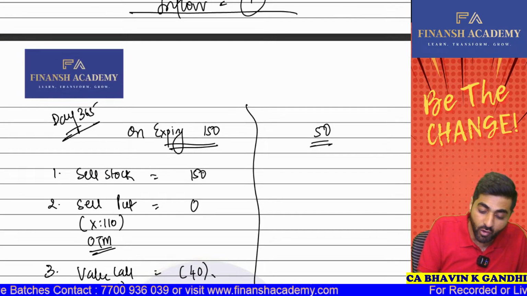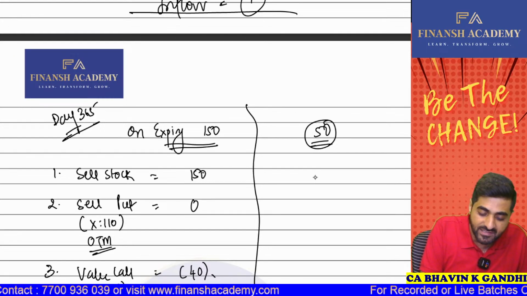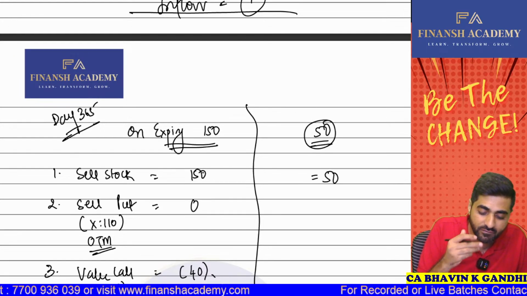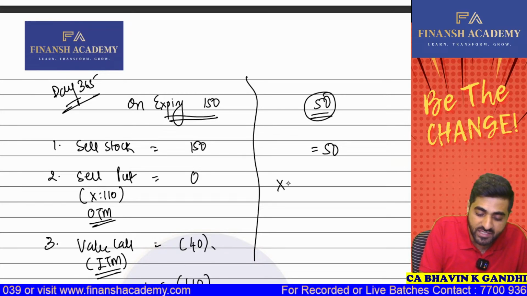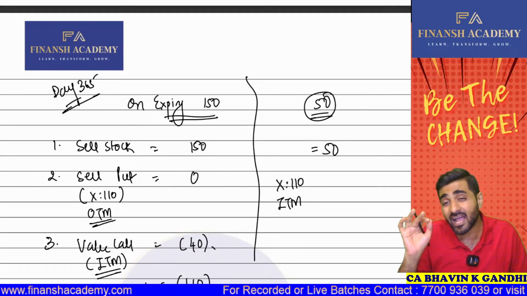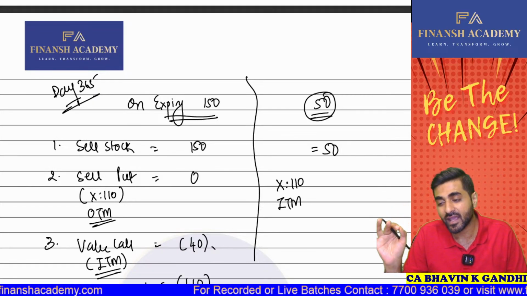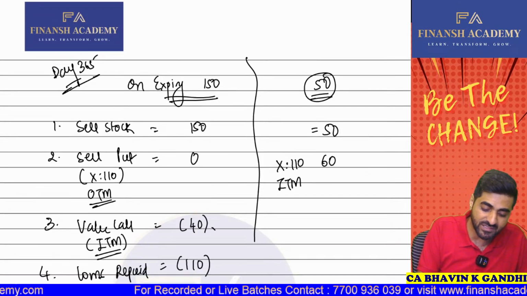Also, when the price on expiry is 50 rupees, can I say we'll have a portfolio in which the stock value is 50 rupees? Now this put option with the strike price of 110 will become in the money, because I have a right to sell at 110 and it becomes 50. So this will be 60.